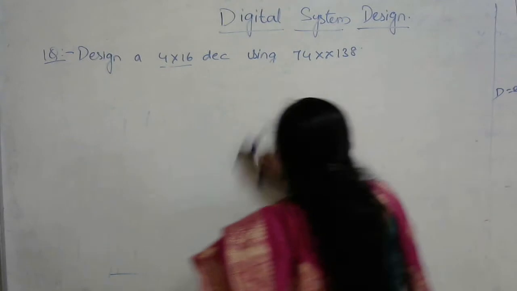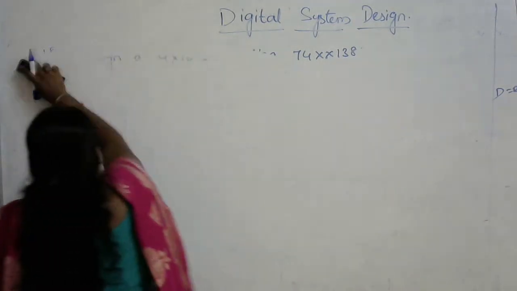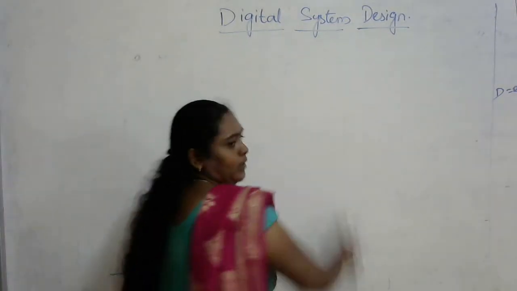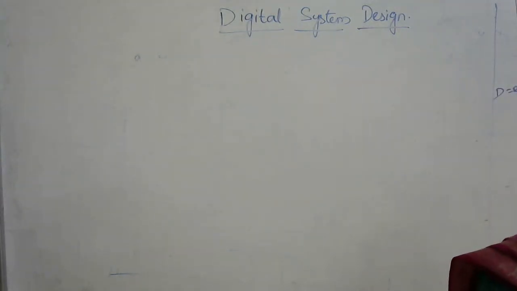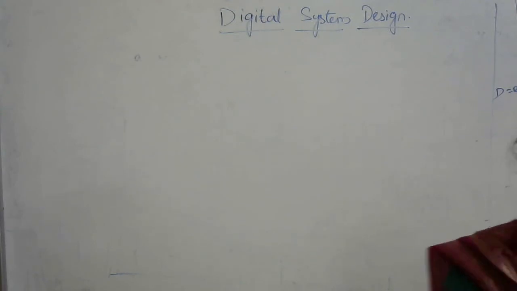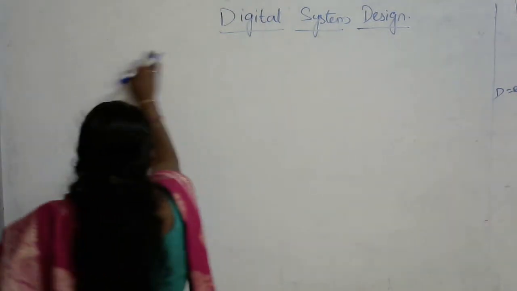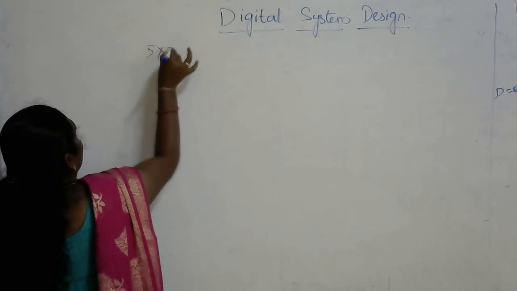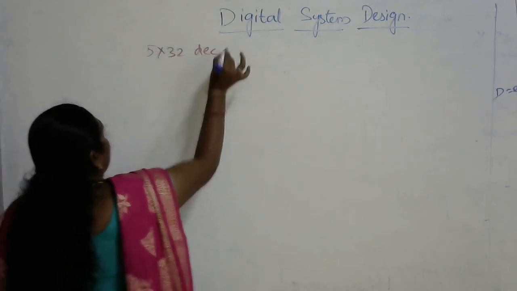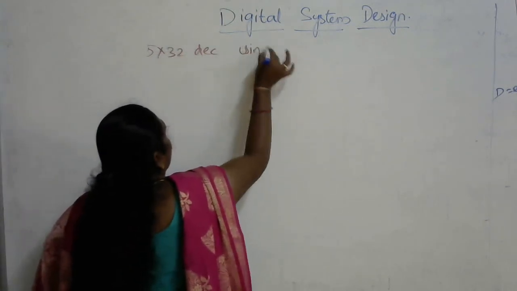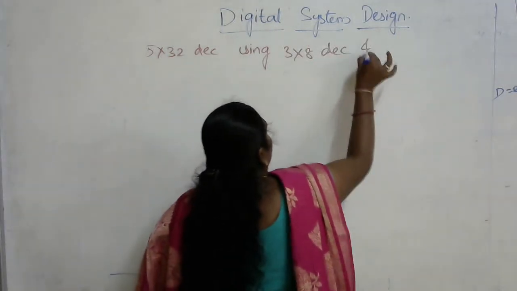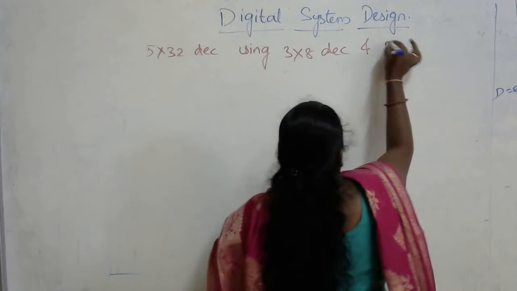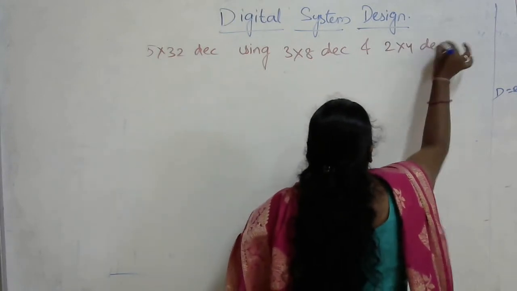Now, let me take another problem: how to design a 5 by 32 decoder using 3 by 8 decoders and a 2 by 4 decoder.